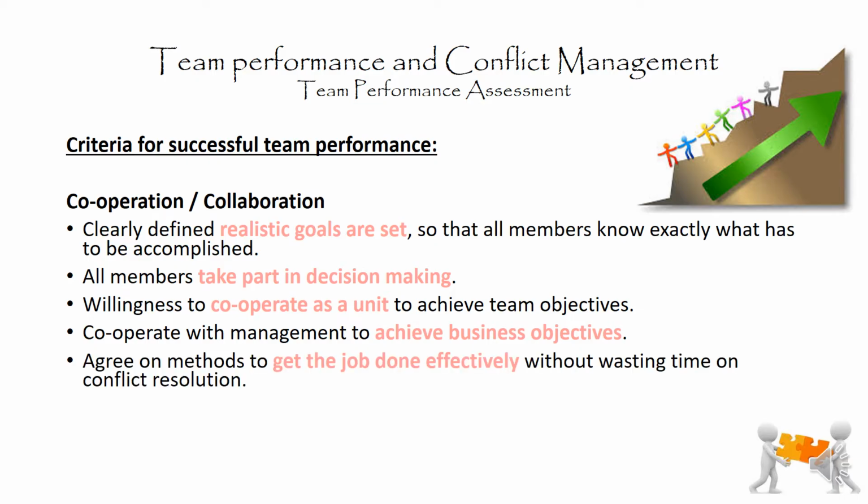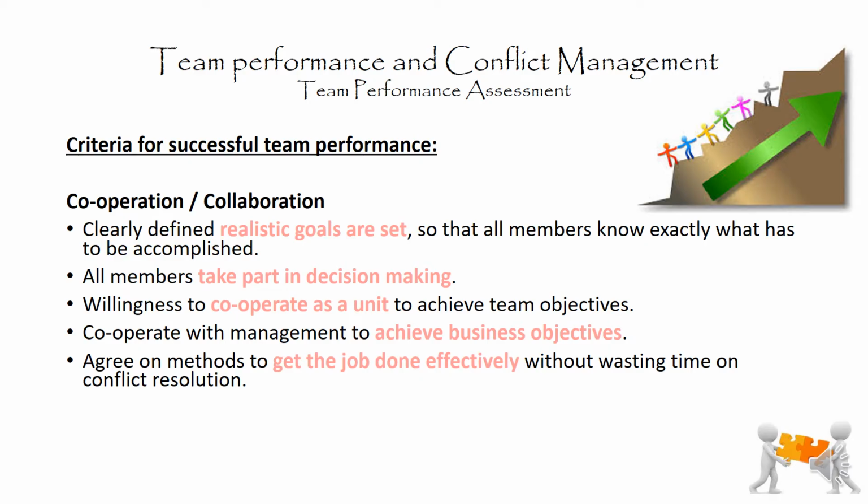We have to agree on methods to get the job done effectively without wasting too much time on conflict resolution. You will see we're going to look now at the different stages of team development, but it is important that people set aside their differences. We cannot waste half of a workday every day on sorting out conflict and differences of opinion.